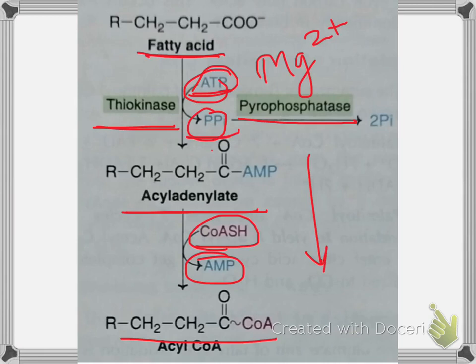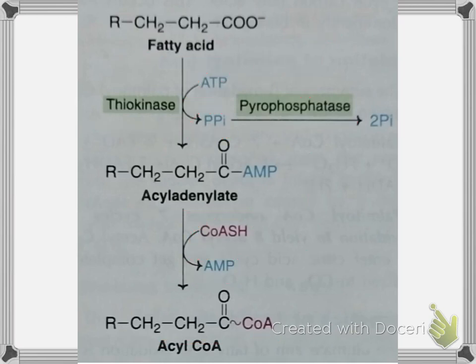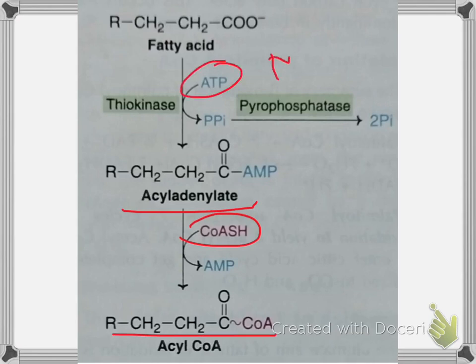So in the first step, the fatty acid reacts with ATP to form acyl adenylate. This acyl adenylate then combines with the coenzyme A to form acyl-CoA. Here the ATP and Mg2+ are utilized, and here the inorganic pyrophosphate is released.